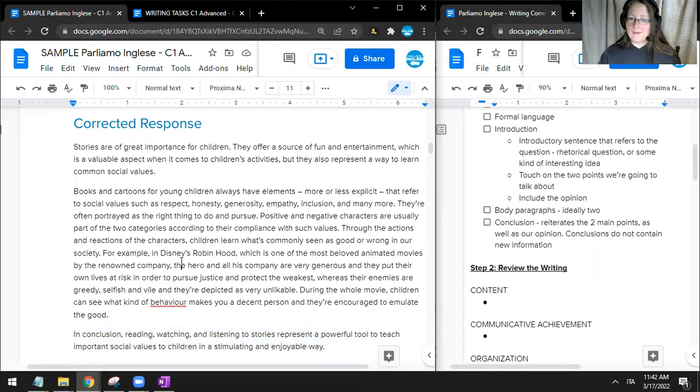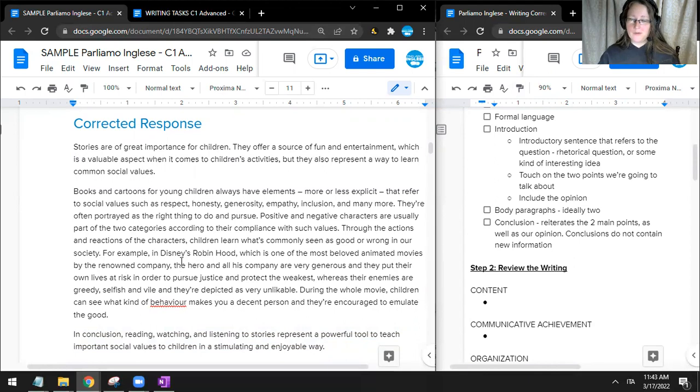And I'm not going to say that that's wrong. It is definitely possible to write a high scoring essay with only 1 body paragraph and an introduction and a conclusion. It's definitely possible. However, it does worry me a little bit.